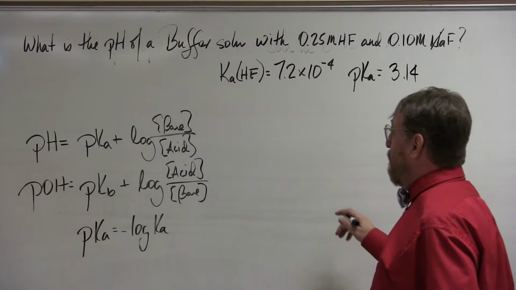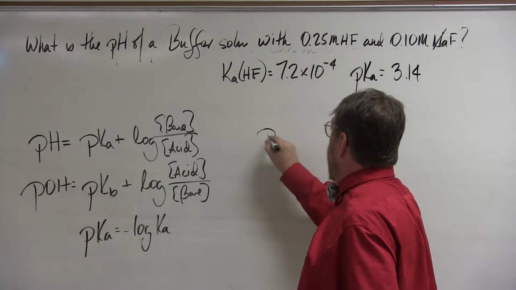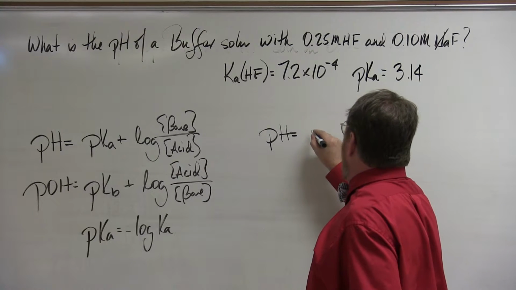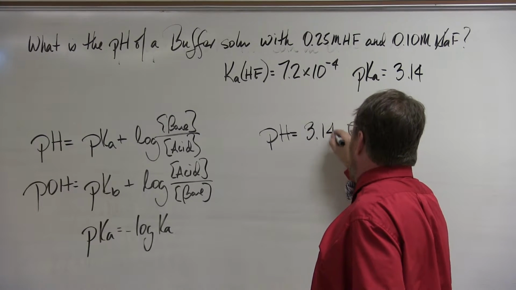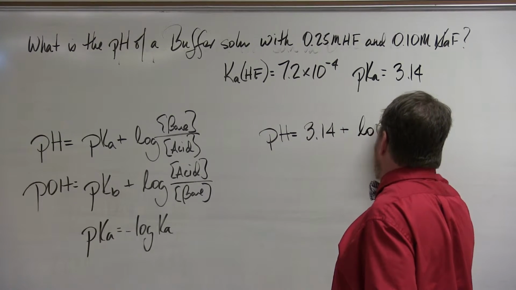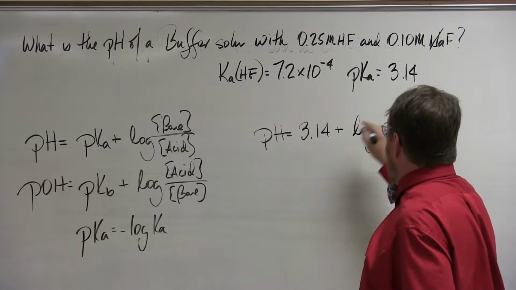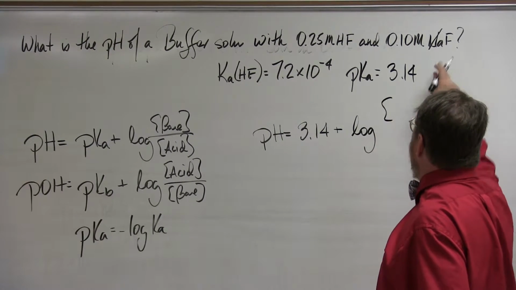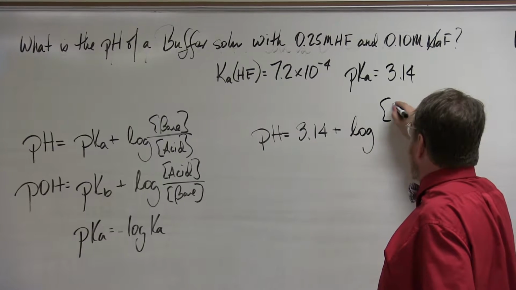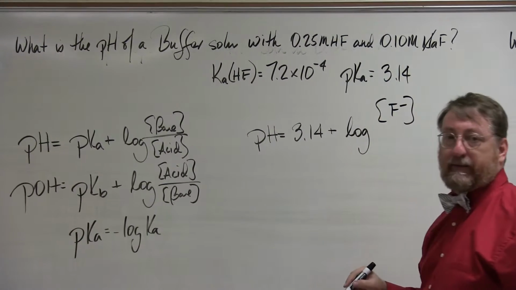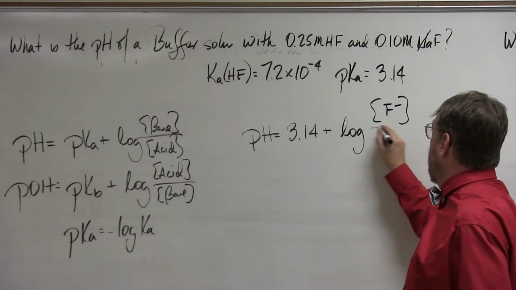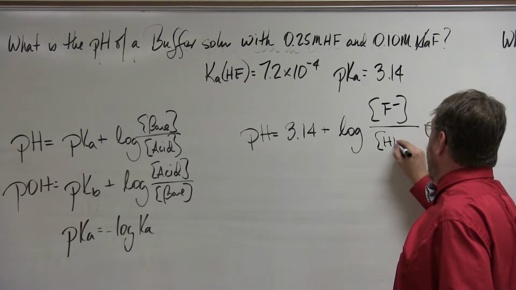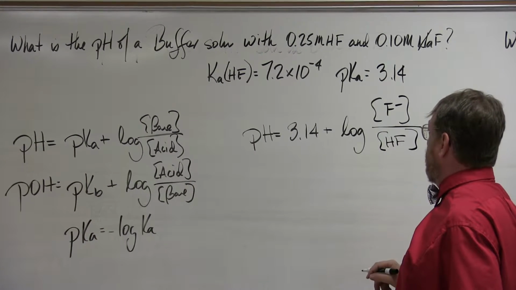Okay, so now I can calculate my pH. The pH is going to be equal to the pKa, which is 3.14, plus the log of, since I'm working with pH, the base is on top. So my base, I'm going to write it out without the numbers first. My base is F minus. That's my conjugate base. Then on the bottom, I'm going to have HF concentration.